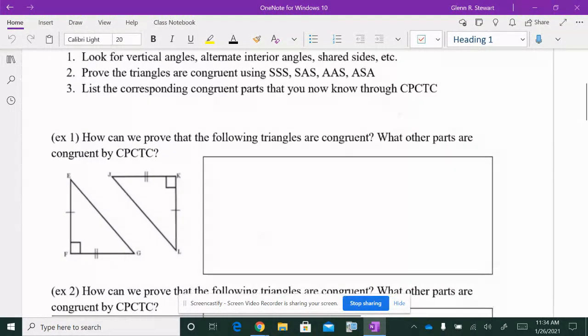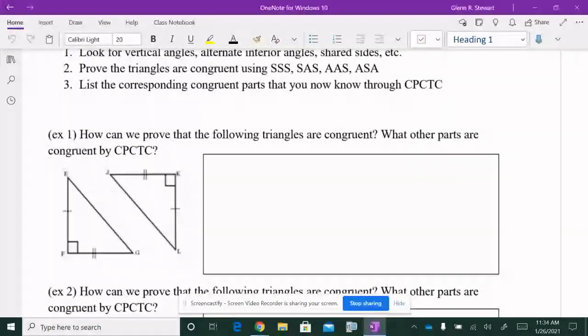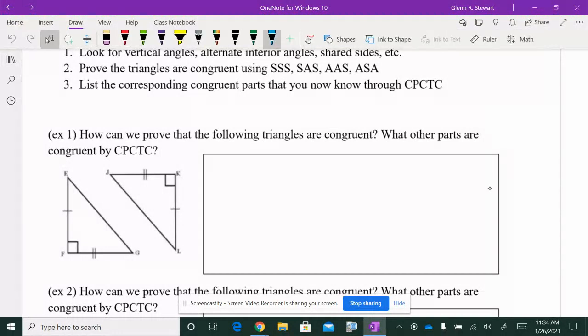Take a look at example 1. How can we prove that the following triangles are congruent? What other parts are congruent then by CPCTC? Well, if we look at the triangles, we can determine already that we have a side, an angle, and another side.